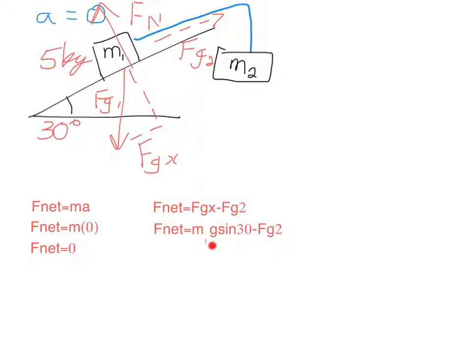FNet is already 0, so now let me plug in my numbers here. Mass is 5, so let me put in brackets, 5. And gravity, of course, is 9.8.